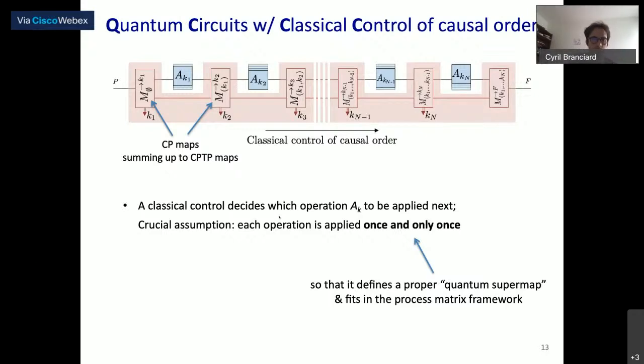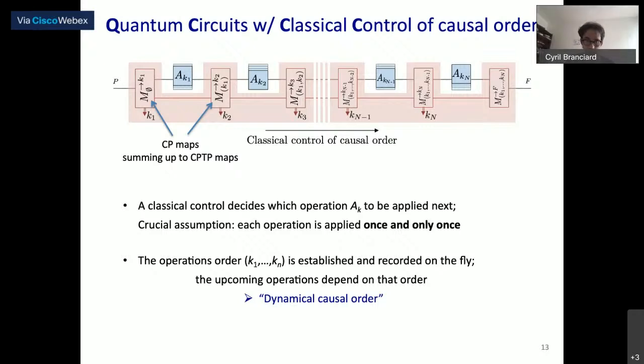So we still want to have this linearity property: we want the global map to depend linearly on those external operations. So we impose that each operation is applied once and only once for this purpose.